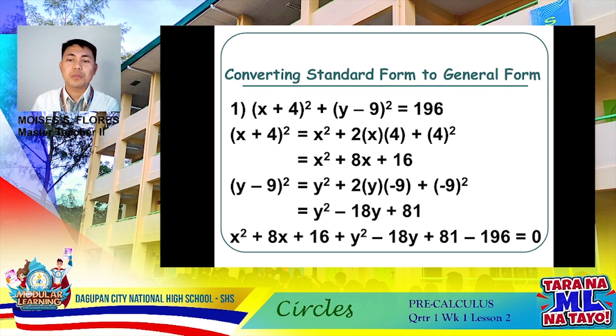So we subtract 196 from both sides, giving negative 196. Arranging it, we have x squared plus 8x plus 16, that's the expansion of the first binomial, and then y squared minus 18y plus 81, the expansion of the second binomial, and then negative 196 from the subtraction of equality, equals 0.